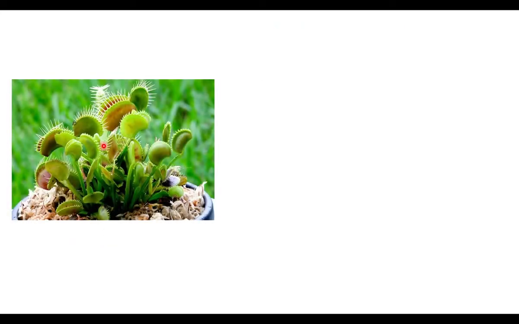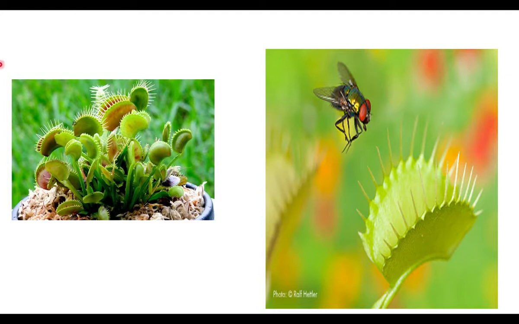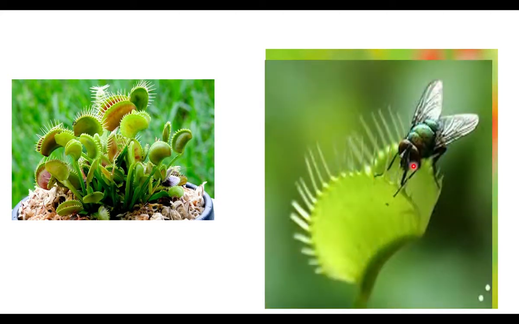This is an insectivorous plant. What do insectivorous plants do? Insectivorous plants trap insects and digest insects. This is the Venus flytrap plant. An insect is flying above the leaf. The insect sits on the leaf.